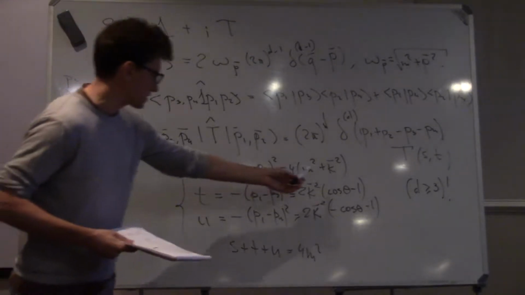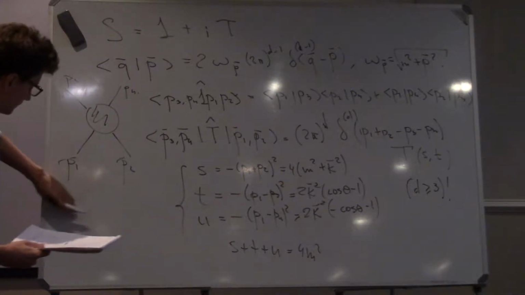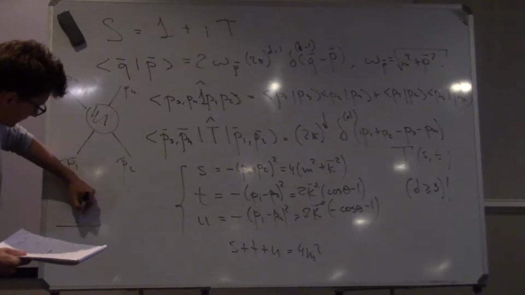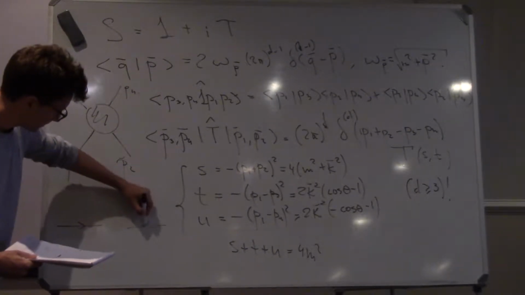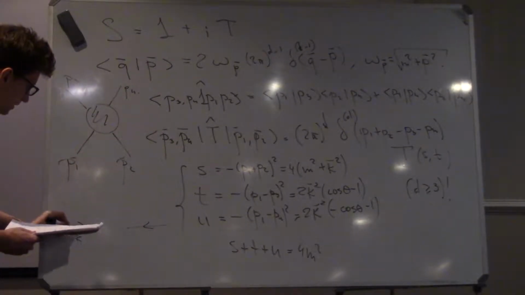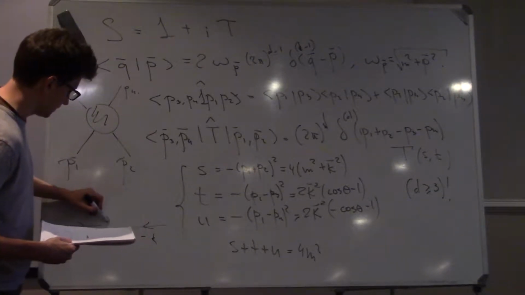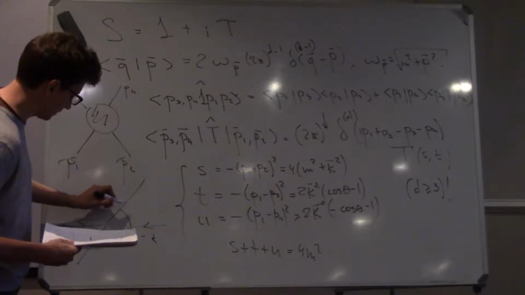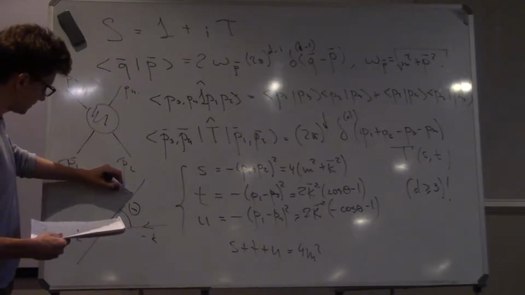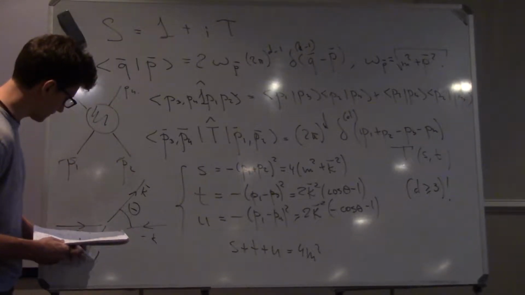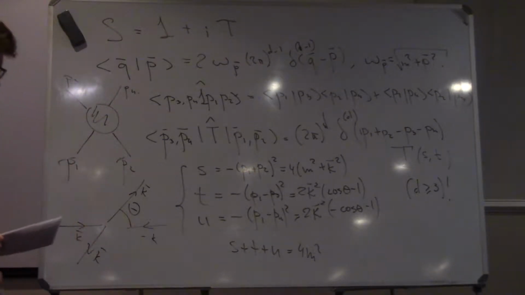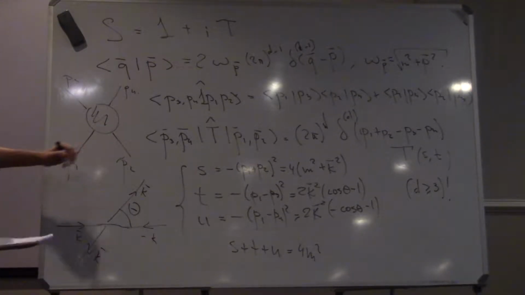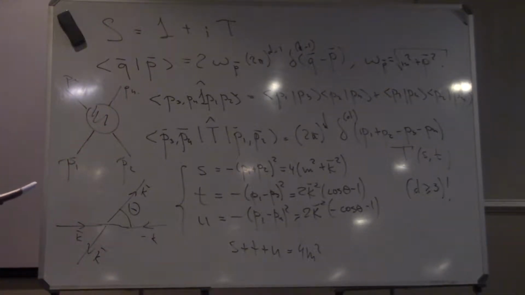So this K, if you think of scattering in the center of momentum frame, 2 particles come with opposite momentum, K and minus K, and then they scatter at an angle theta, as momentum is preserved. So that's kinematics.